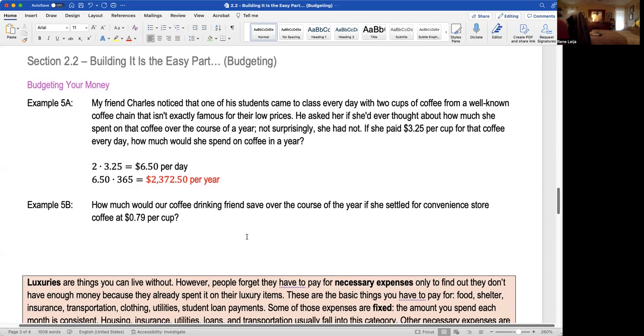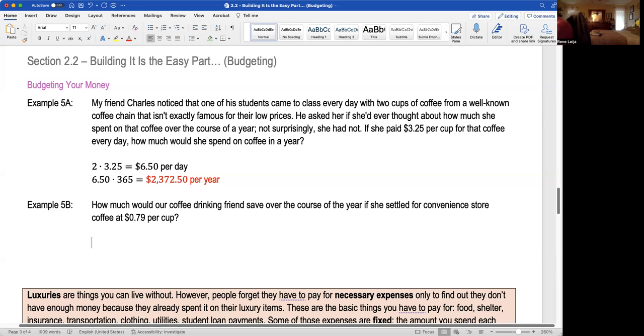Okay, so how much would our coffee drinking friend save over the course of the year if she settled for the convenience store coffee at 79 cents per cup? So we do the exact same thing. So we're going to take two. Actually, let me just copy this and then I'll change the numbers because it's easier.